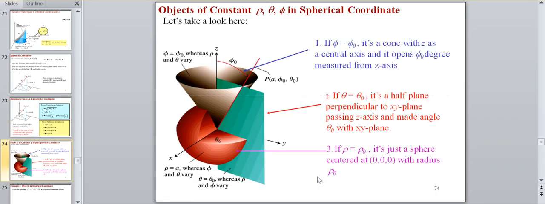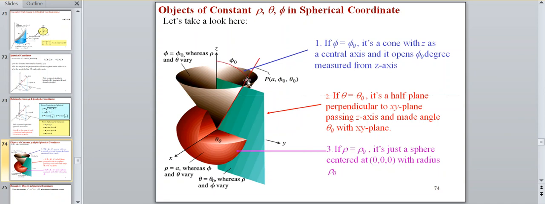Next, here, page 74. We are going to study the surface of 3 simple spherical equations. Starting with this one, phi equals phi 0, it means phi equals a constant. When we have phi equals phi 0, it means the points that are located on this surface, the angle between these points and the positive direction of the z-axis is phi 0, fixed.